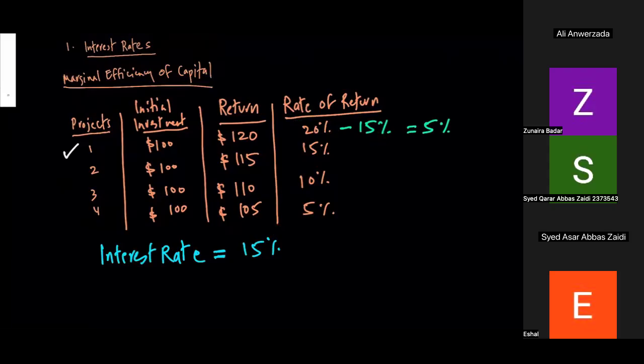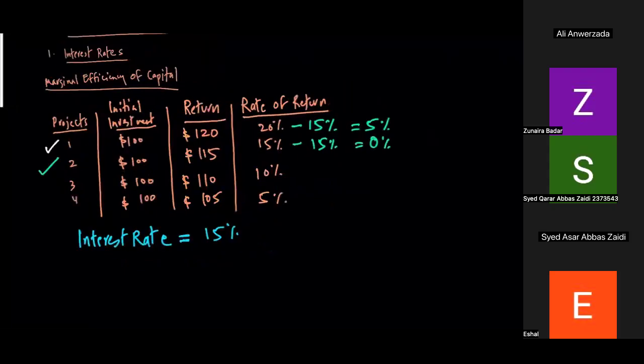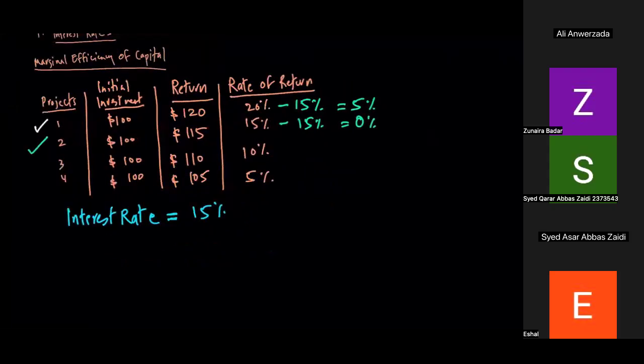In fact, if I'm looking at economic costs, even the second project, where I am making a normal profit, I will also put money in the second project, because at least I am breaking even, or making a normal profit. In fact, if the interest rate falls to 5%, then I may end up putting money in the third and the fourth project too.